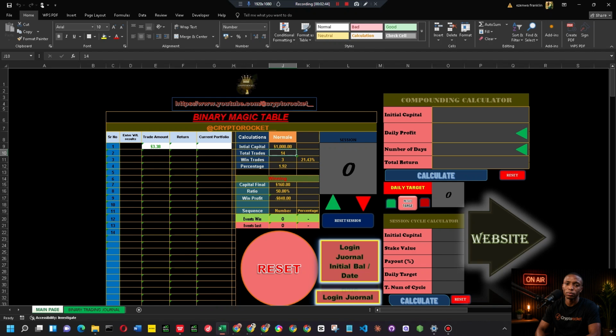Then we have enter winning or loss result, where you can click on this place and select either win or lose. If you make a mistake and click any of these, you just click this one and it will reverse everything back. That means this one means empty, nothing at all.